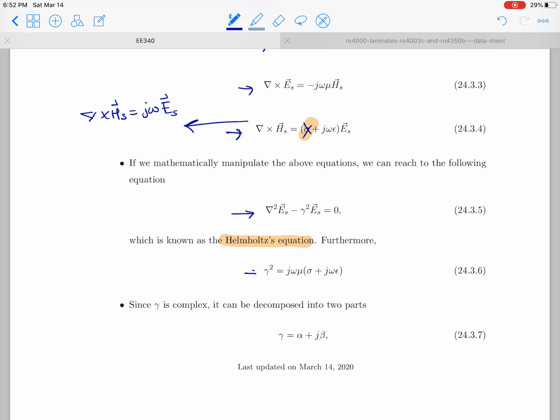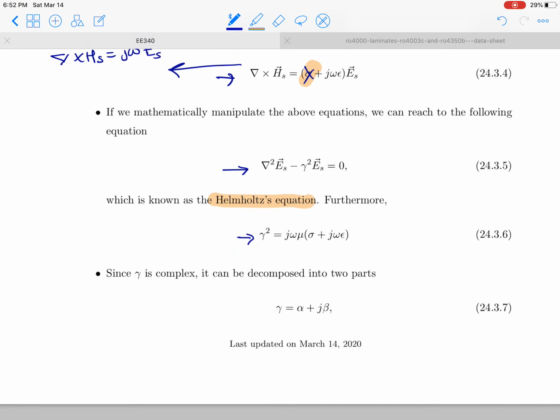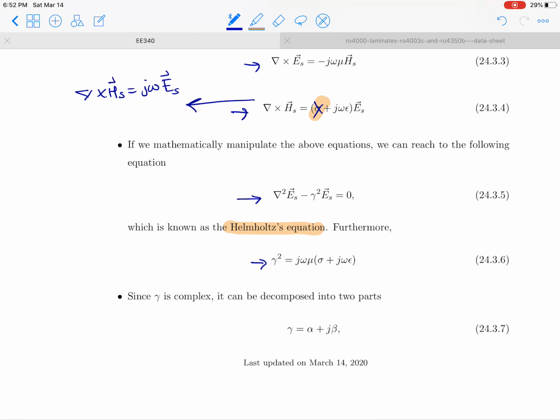So gamma squared is given by this expression, and gamma is complex, so it can be decomposed into two components. We have the real part and the imaginary part here.